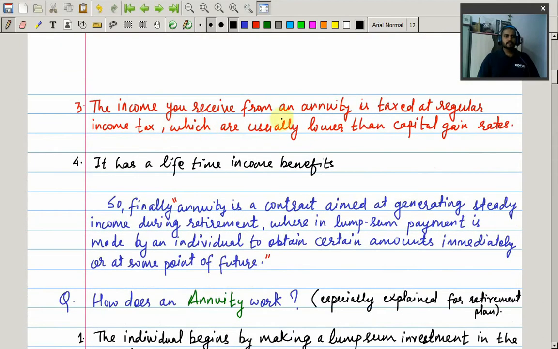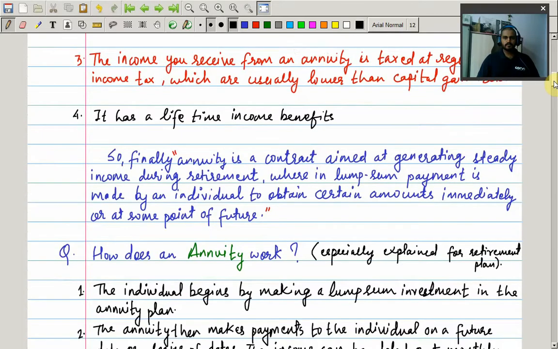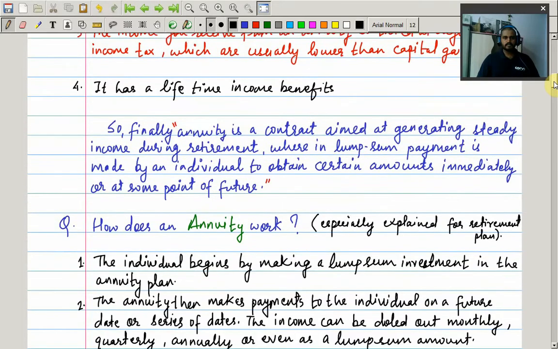The income you receive from an annuity is taxed at regular income tax rates, which are usually lower than capital gain rates. So these are a few important points you should know about annuities. Here we have a fourth one also: it has lifetime income benefits.